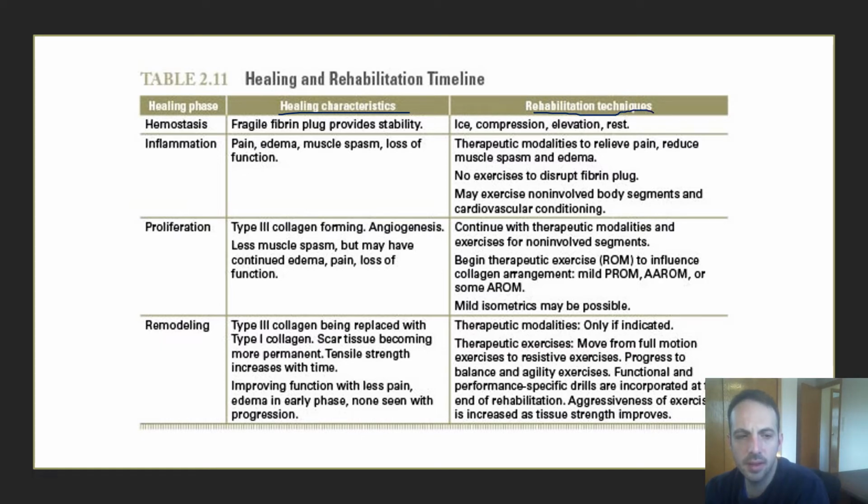So go ahead and take a look at some of these, how it makes sense from the standpoint that during the proliferation phase, when type 3 collagen is forming, we're going to start to introduce some range of motion to help affect that collagen arrangement. Whereas once we are starting to add type 1 collagen, we're going to now move to resistance exercise as that tissue tensile strength increases overall.